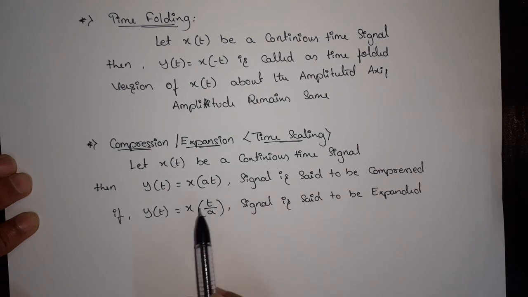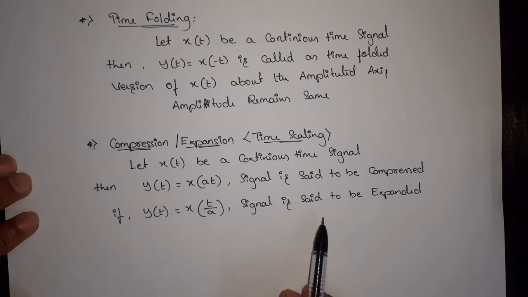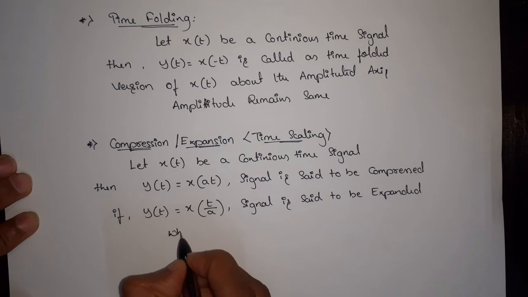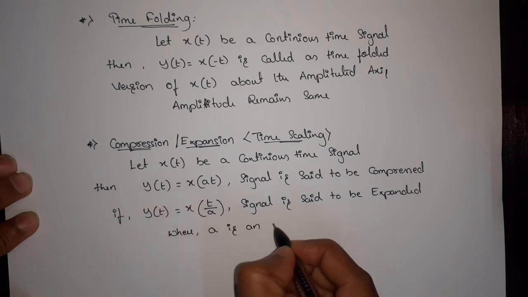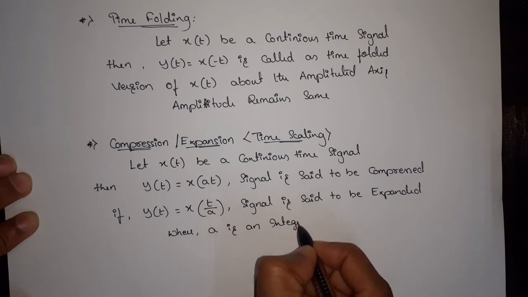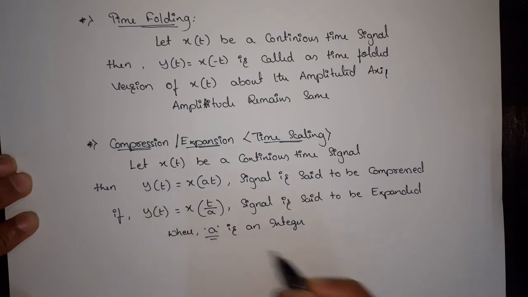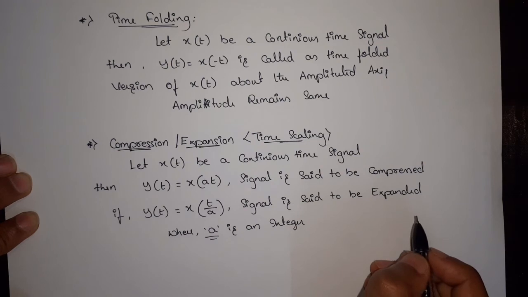If the output is x of a times t, then the signal is compressed, and if y of t is equal to x of t by a, then the signal is expanded, where a is an integer.